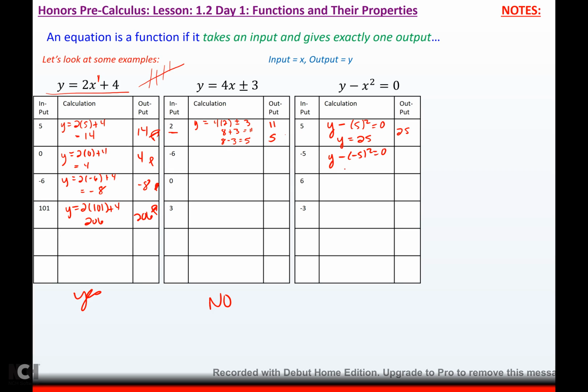That's going to be y minus positive 25 equals 0. So again, y equals 25. And when I plug in 6, I get y minus 6 squared equals 0, so y equals 36.